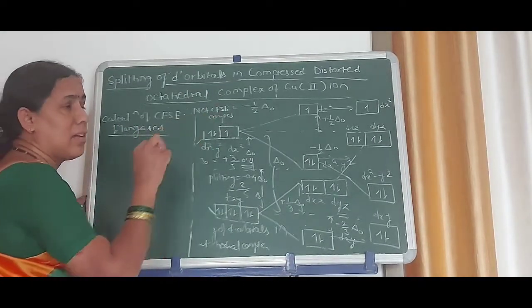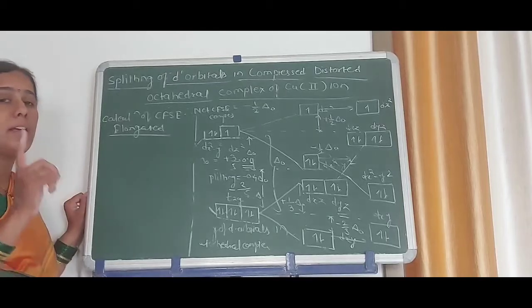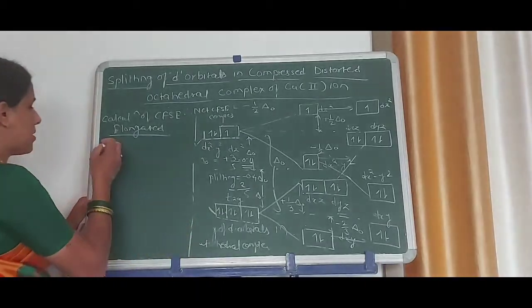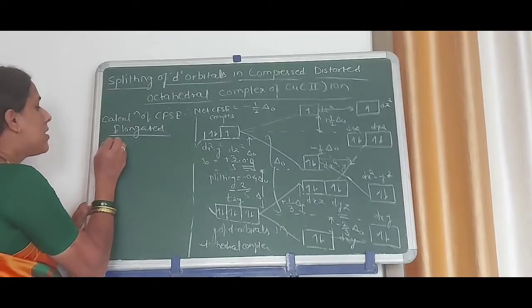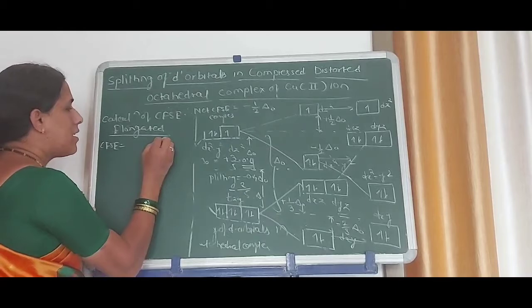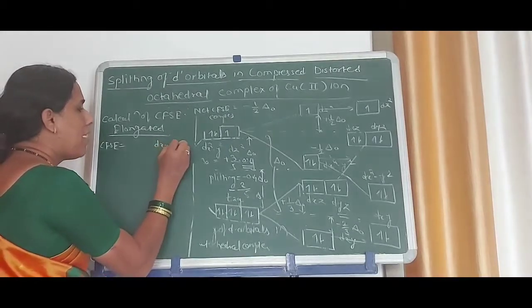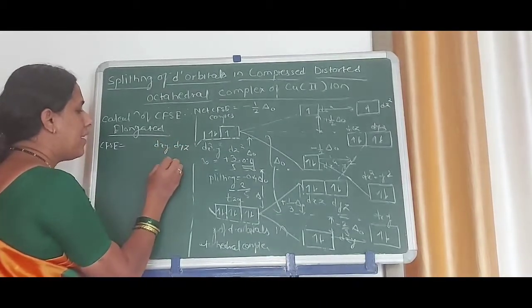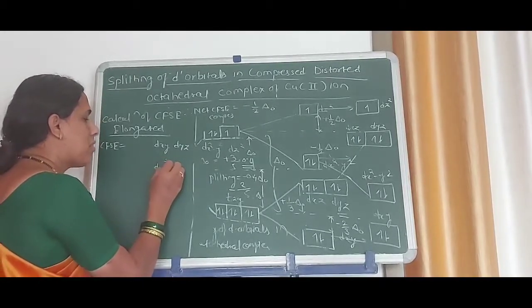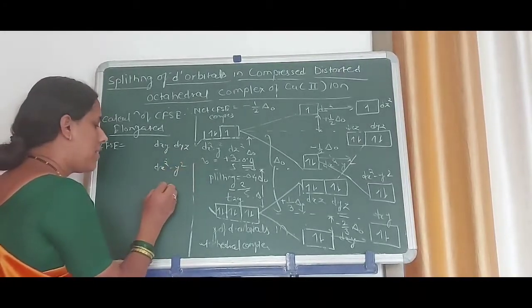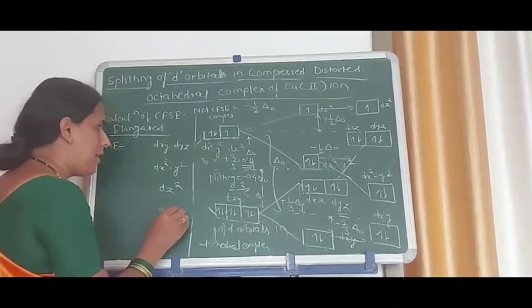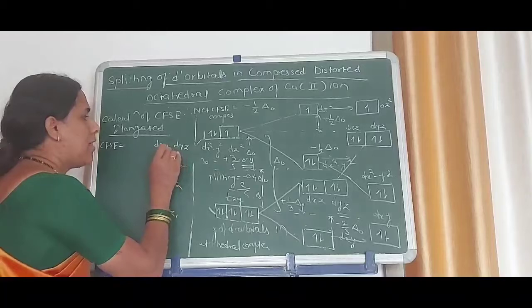In this elongated form, the dz square orbital can occupy the 2 electrons. Therefore, we can write here CFSE, which is the order here? That is dxy, dyz, then dx square minus y square, then dz square, and then dyz and dxy.